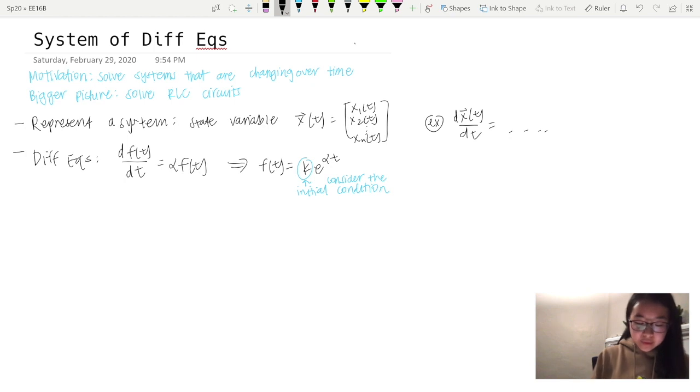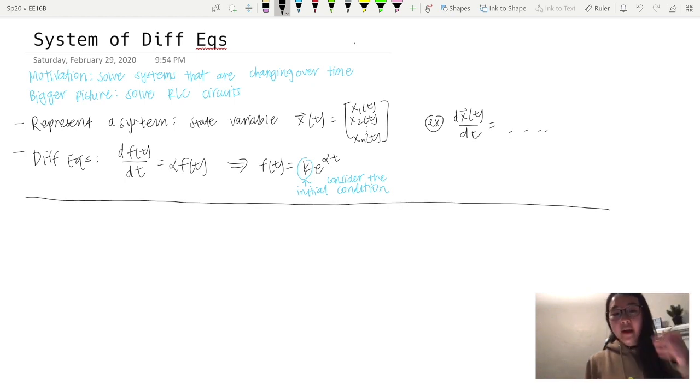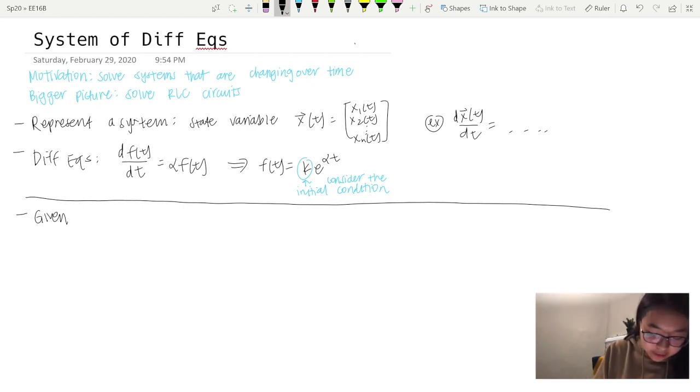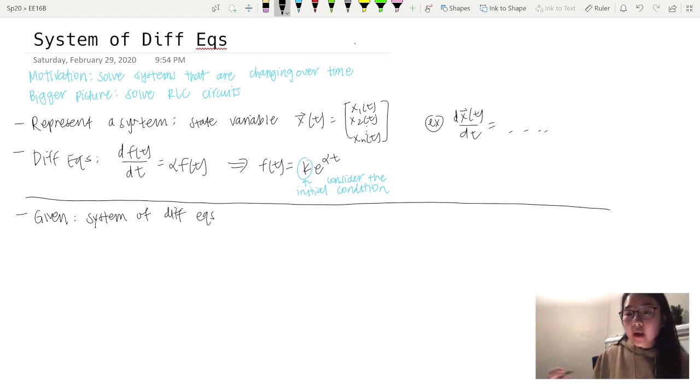So starting off this journey of systems of differential equations, at the beginning you'll usually be given the system of differential equations and the initial condition.